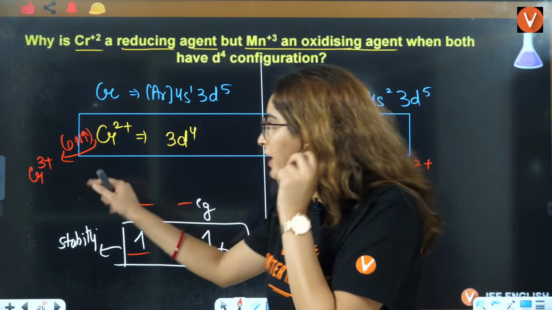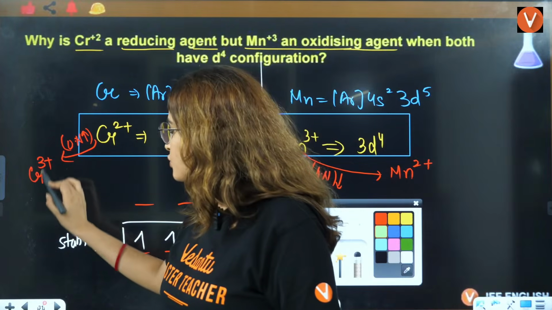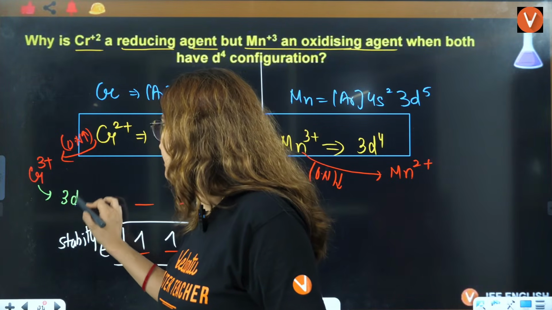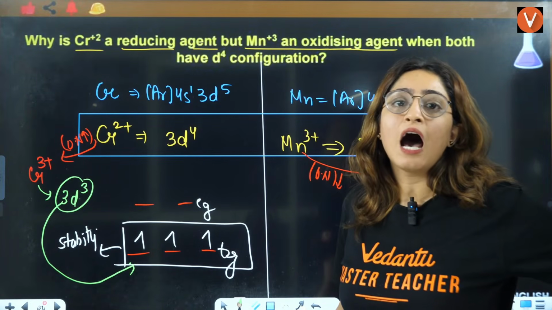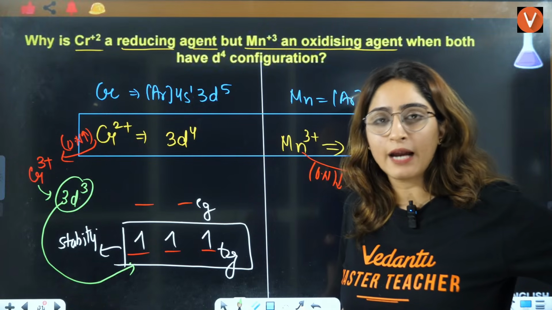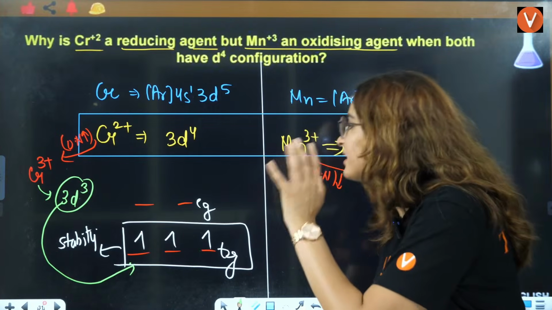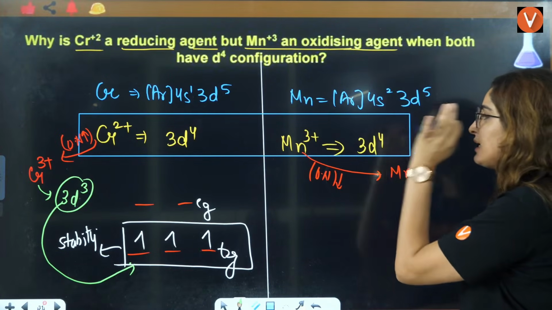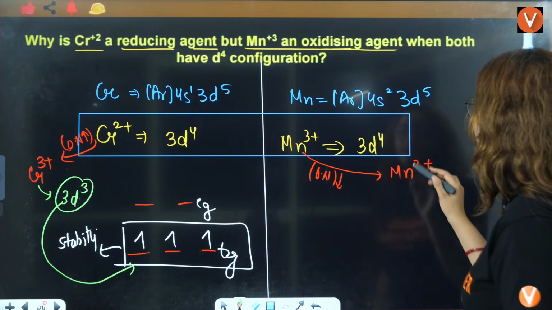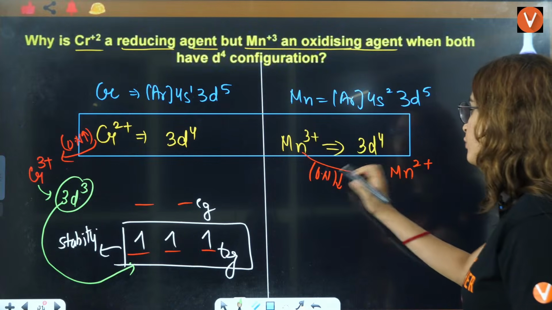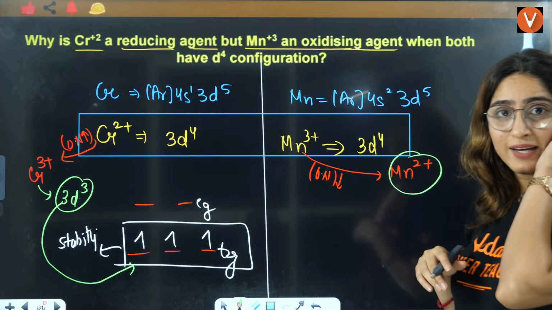Because on doing so it will be converted into chromium 3 positive, which is 3d3 configuration, stable due to this T2G half-filled configuration. But nothing like this happens in manganese, so manganese would want to gain one electron.